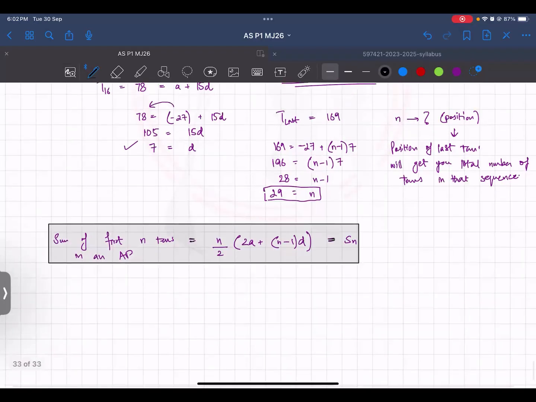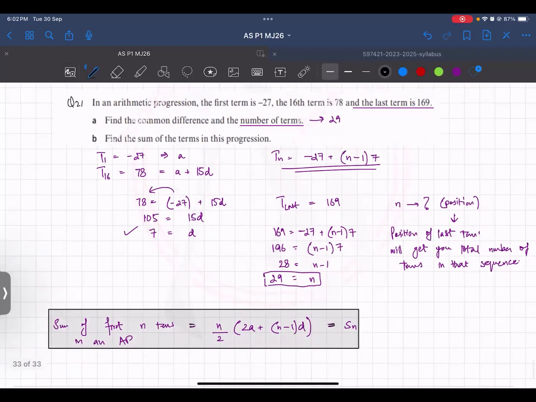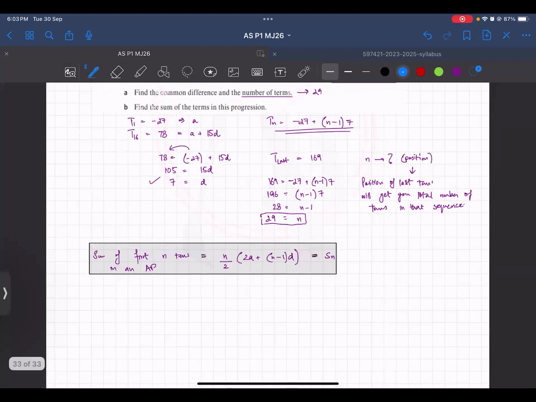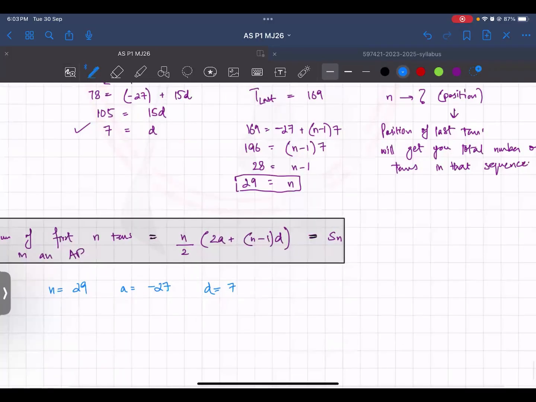That's it. So find the sum of the terms in this sequence. In this sequence, you can see the total number of terms is 29 because they're asking you to find the sum of all of the terms. So A is minus 27 and what is your D? Yes, 7. Now you input this.